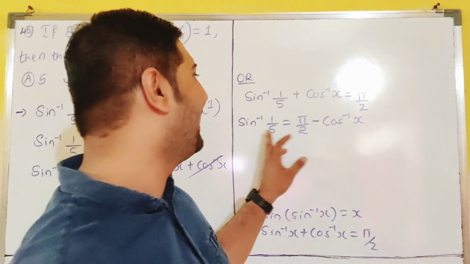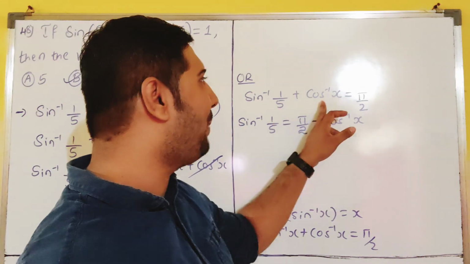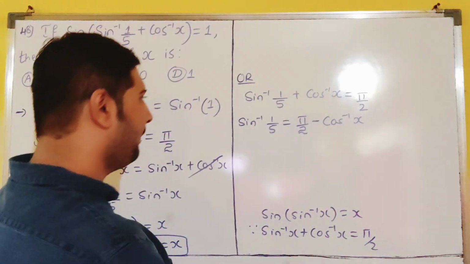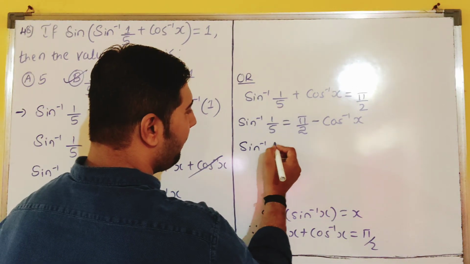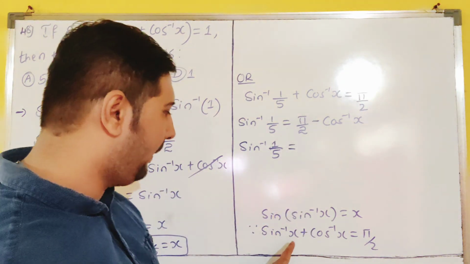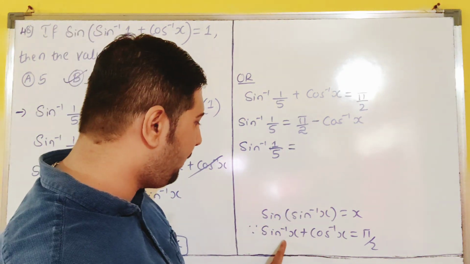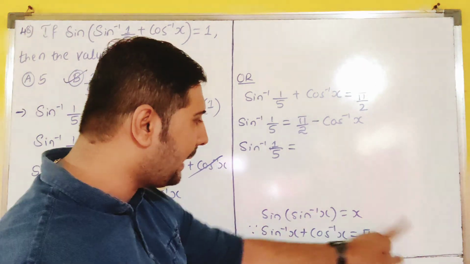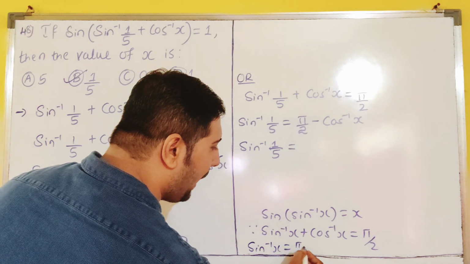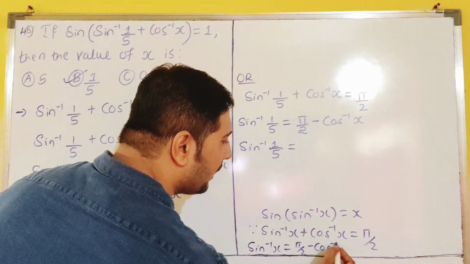Now see, sin inverse 1 by 5 is equal to pi by 2 plus cos inverse x, you take this side, minus cos inverse x. Now sin inverse 1 by 5 is equal to pi by 2 minus cos inverse x.